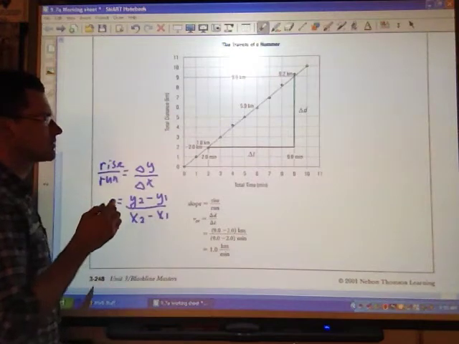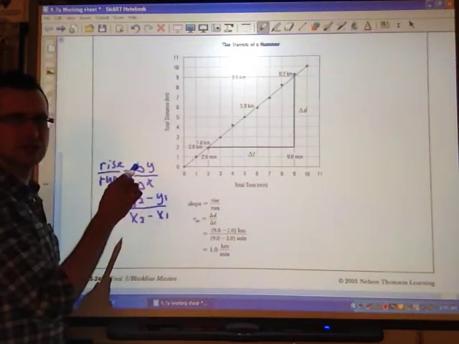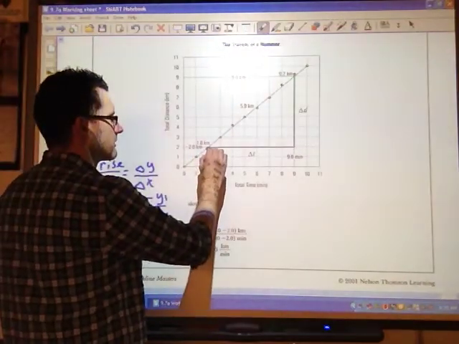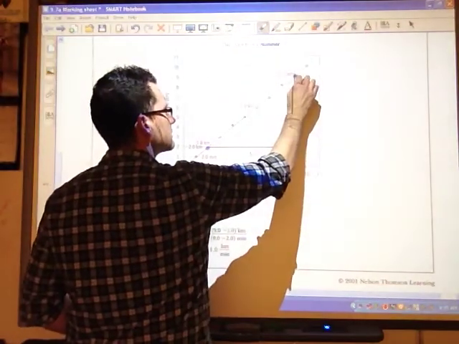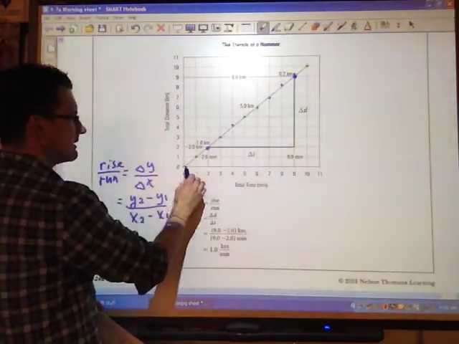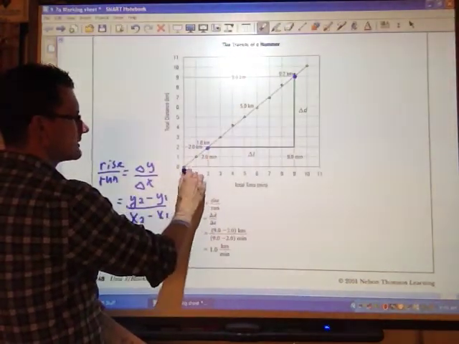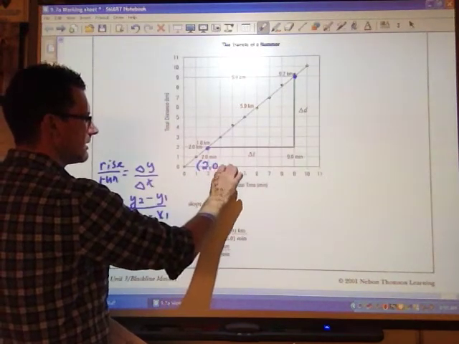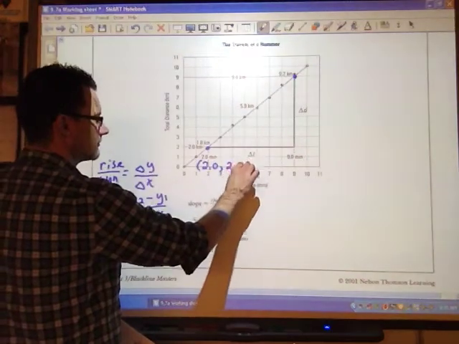So when you're picking 2 points, and if you don't pick 0, 0 as one of the points, there's a little more work involved. So for example, if we have point number 1 and point number 2 somewhere around there, we can see that you go over 2 and up 2. So we would say 2 comma 2.